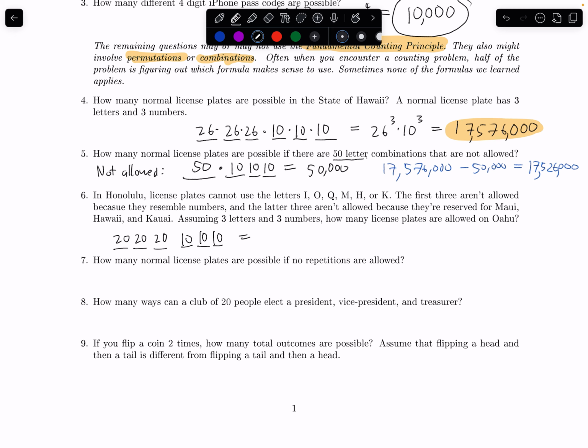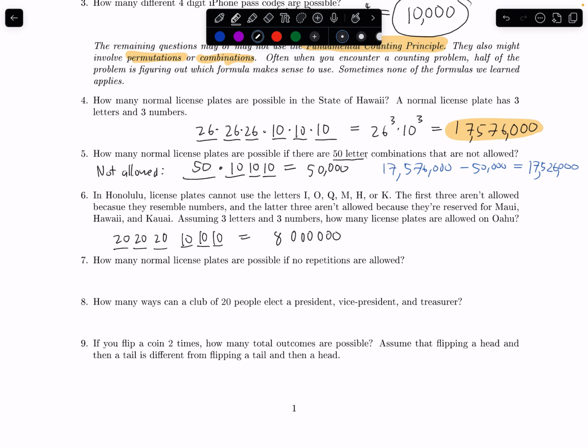So altogether, how many things are allowed? 20 to the third times 10 to the third, which is equal to 8 with 6 zeros. That seems like a lot less than 17 million.